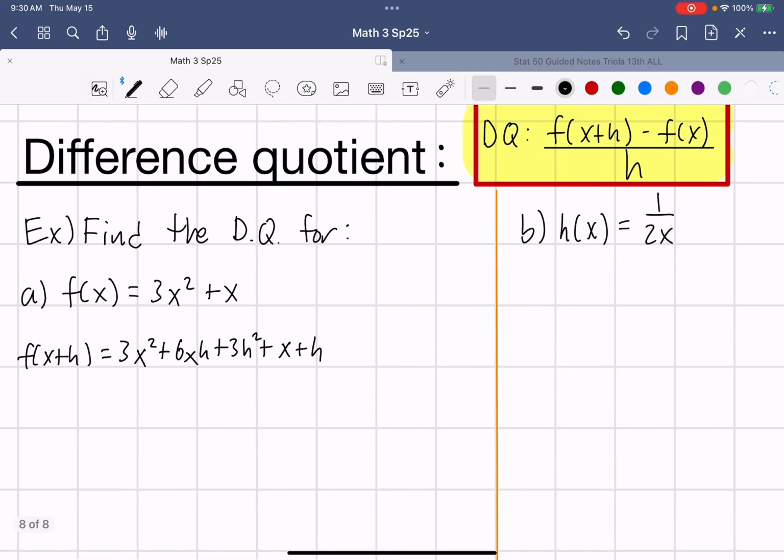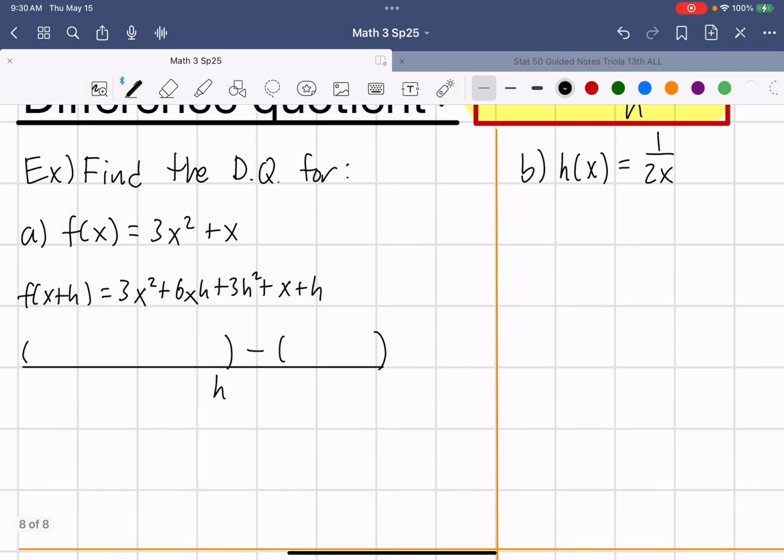And that's this top part of the difference quotient. So I'll be able to make that substitution. I'm already just going to make this big parentheses to make it fit. Minus, and then I now have to plug in f of x. And this is all over h.